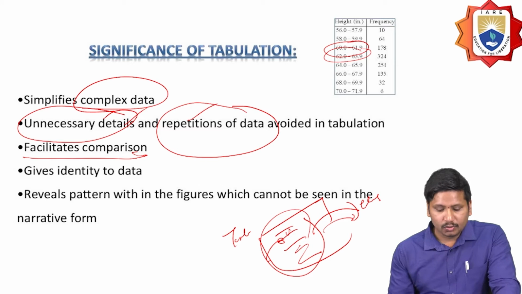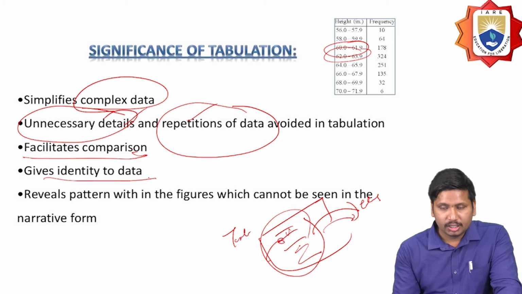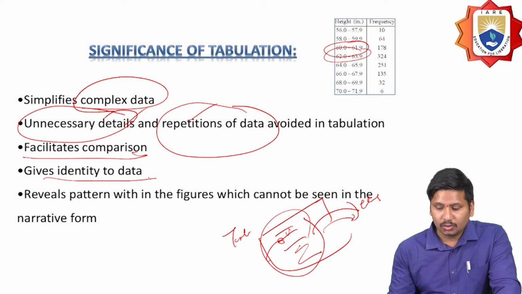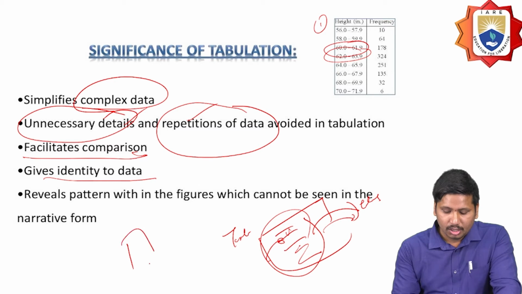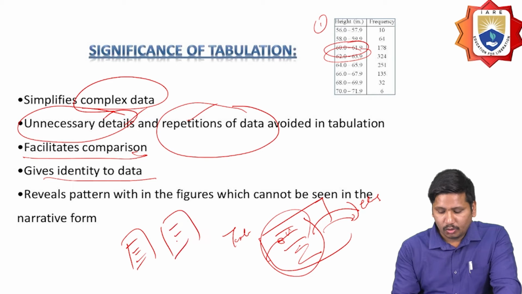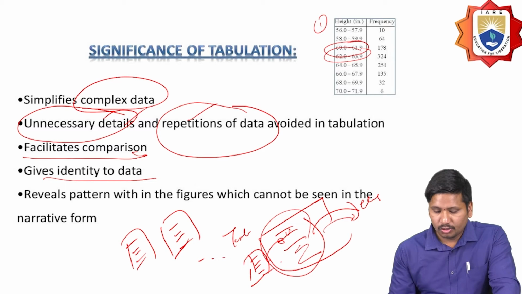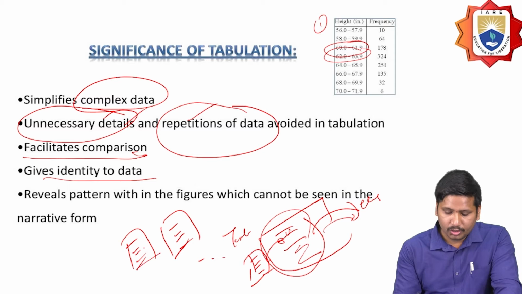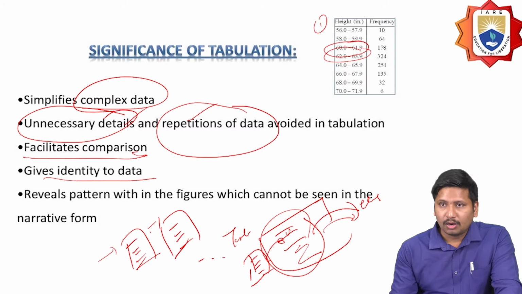And the next one is that we can also give identity to the data. Suppose this is table one, and we are going to build a number of tables. If we take an application, normally we maintain some hundreds of tables for building it. So I have to use identities for the data: what is the identity of this table, and where this data is coming from.